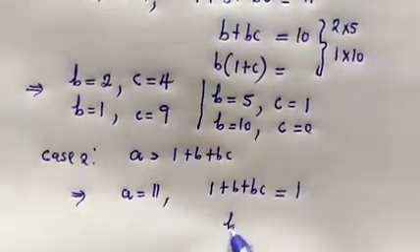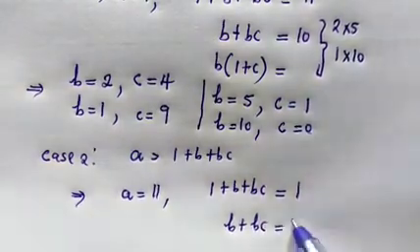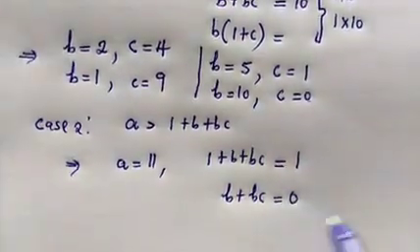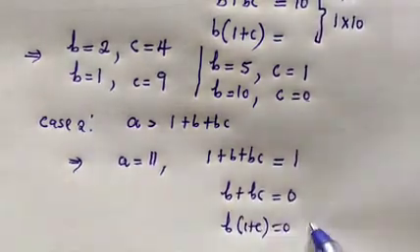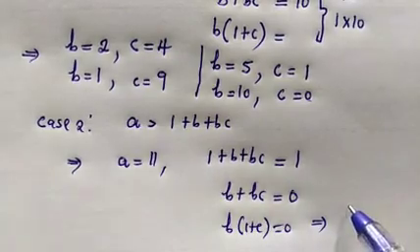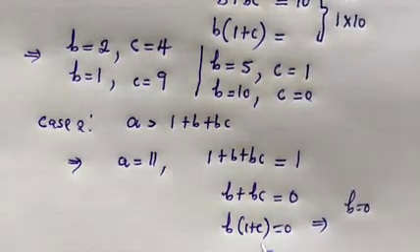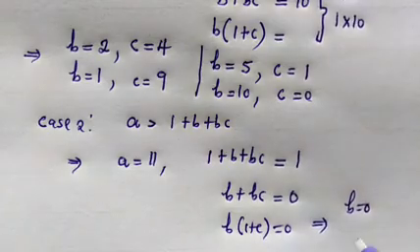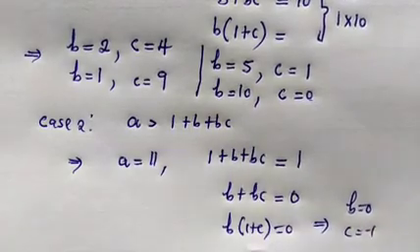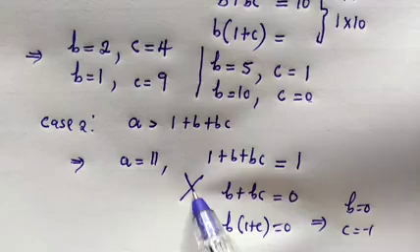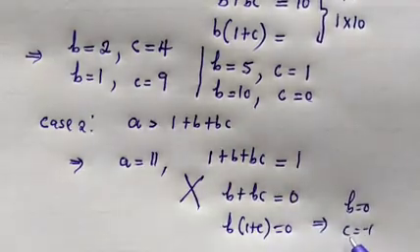So from here we get b plus bc is equal to 0. If you factor out b from here, we get 1 plus c is equal to 0. From here, we're going to have b is equal to 0, and 1 plus c is equal to 0, giving us c is equal to -1. So we don't have solutions here, since we arrive at c equal to -1.